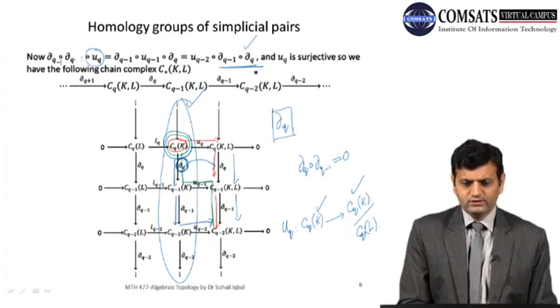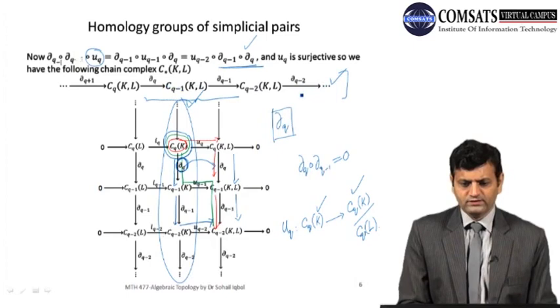So using these two properties, we can say that the composition of any two boundary maps in this chain is 0. In other words, this is a chain complex.